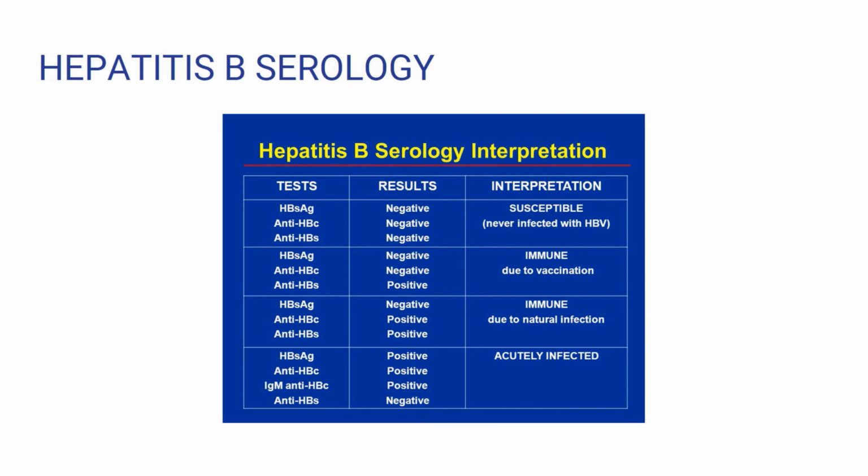I would like to highlight the lowest part of the table: if you have a child who is hepatitis B surface antigen positive, anti-hepatitis B core positive, IgM core positive, and anti-hepatitis B surface antibody positive, that indicates that the child is acutely infected. And if a child is acutely infected, they have to be watched closely for development of hepatic failure.